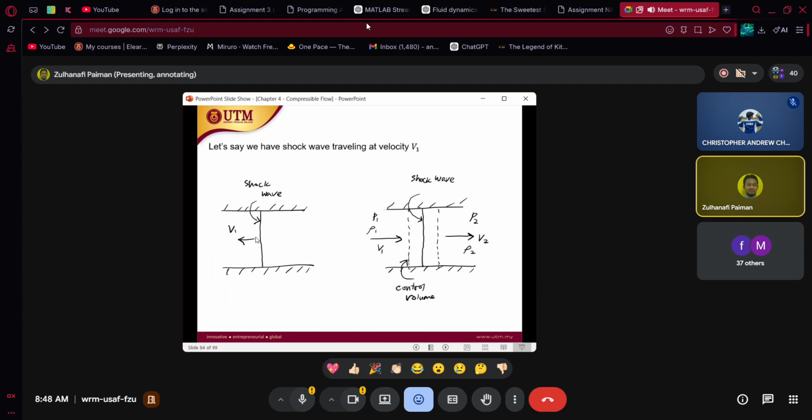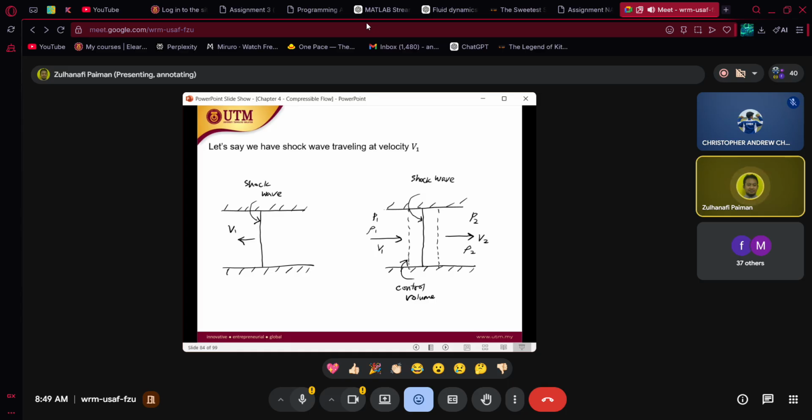So in order to make our analysis much easier, rather than analyzing the moving shock wave, let us make it fixed, and we have the free stream velocity at the same speed of v1.